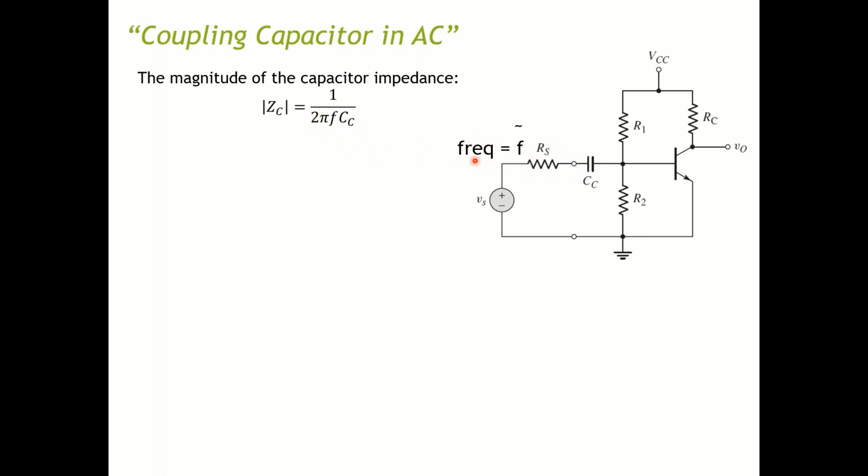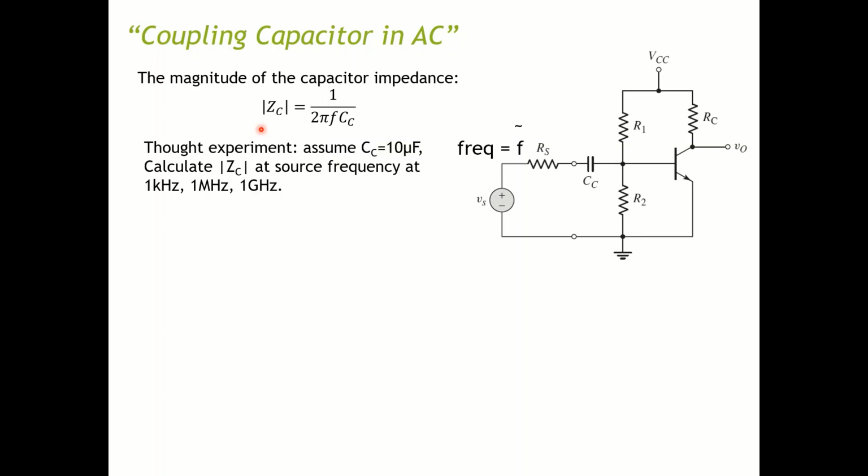Next, I want to mention that f stands for the frequency of the AC component in your source. Okay, so let's do some thought experiment. Let's assume that CC is equal to 10 microfarad. Let's calculate the impedance of our capacitor given the source frequency at 1 kilohertz, 1 megahertz, and 1 gigahertz.